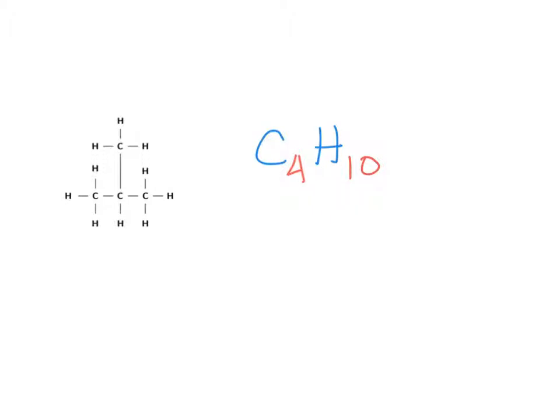But note that 4 and 10 have a common factor and can be reduced down to 2 and 5. So as a result, our final answer is actually C2H5. And this is our empirical formula, while this is our molecular formula.